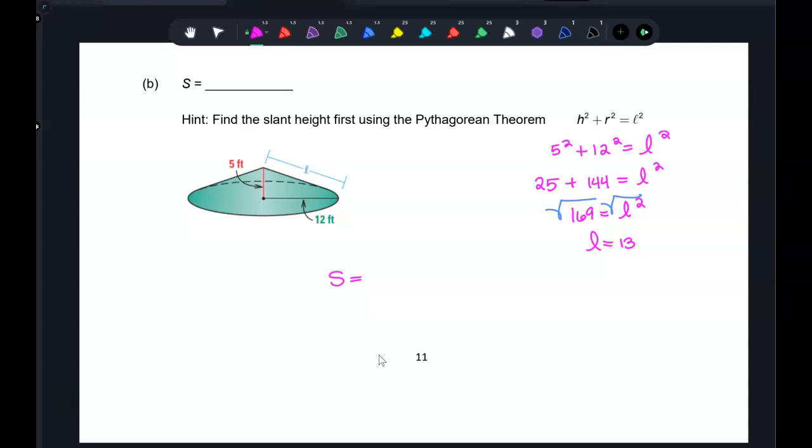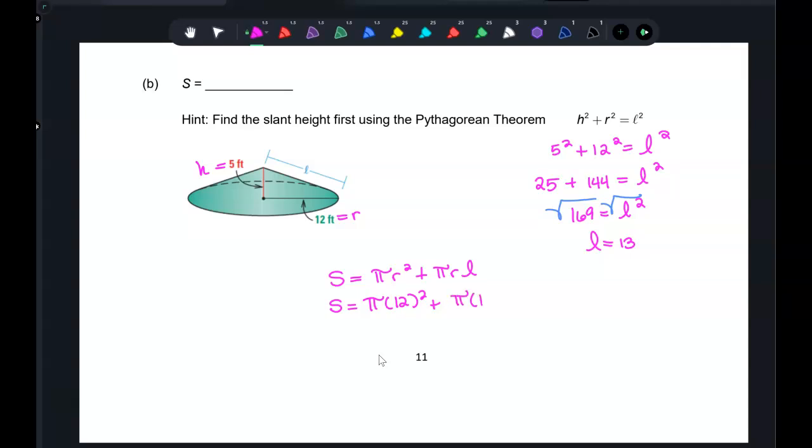Okay, so the formula, pi r squared plus pi r L. What does the r stand for? Right, that's the radius. So pi times 12 squared. What does 5 refer to? That's the h, the height, because that goes inside from the point.